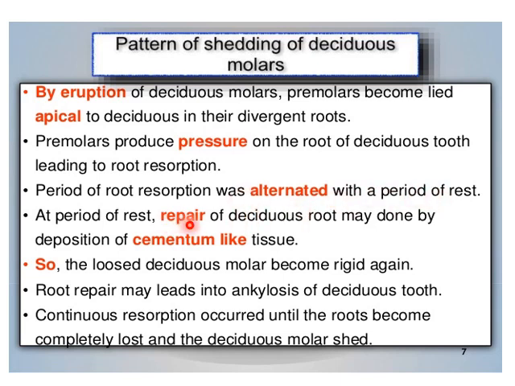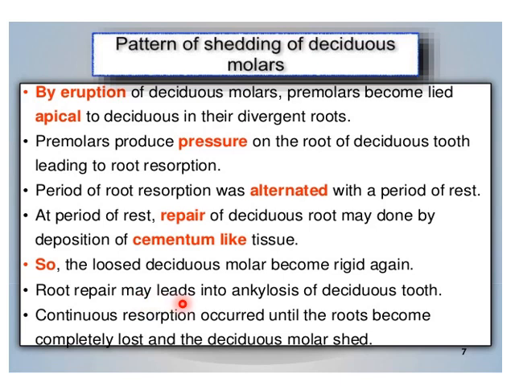At this rest time, the deciduous root of the molar may be repaired by deposition of cementum-like tissue. Repair occurs in the deciduous root of molar teeth by the formation of cementum-like tissue. So the loose deciduous molar becomes rigid again.